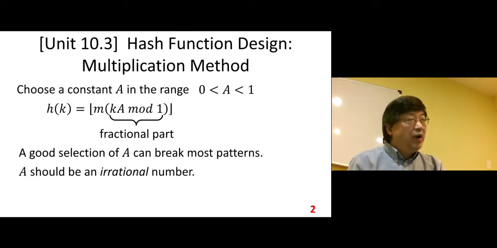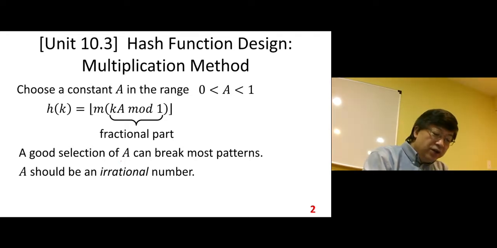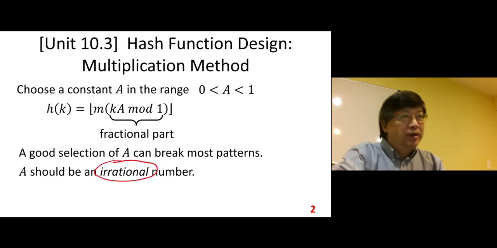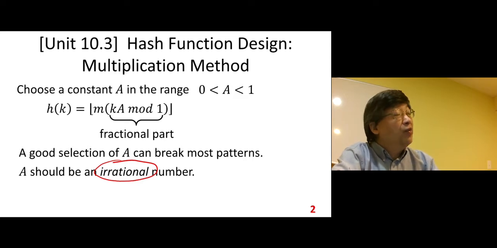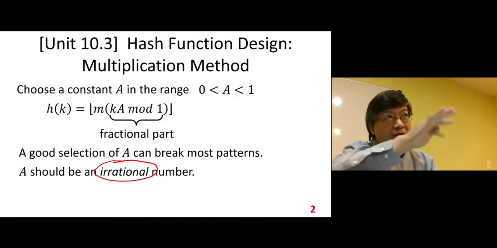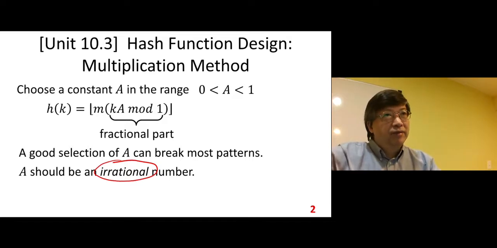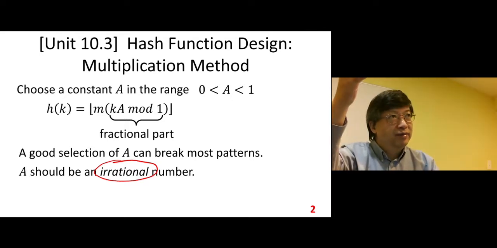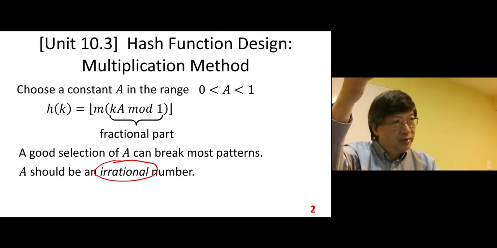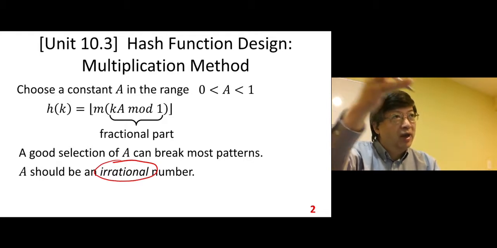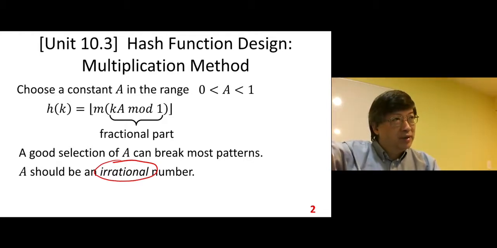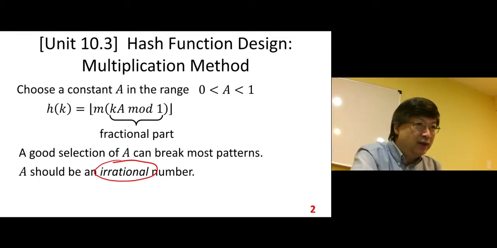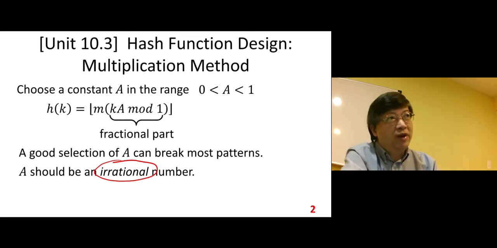Our idea is to use an irrational number. I hope you know it, irrational number: a number with infinite decimals, but there is no cycle. You know, rational number, irrational number. So no cycle in the infinite decimals. Pi is one example.